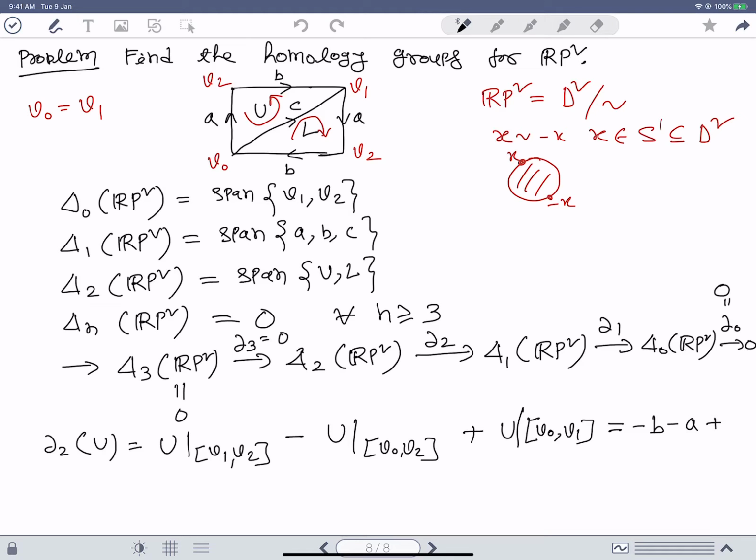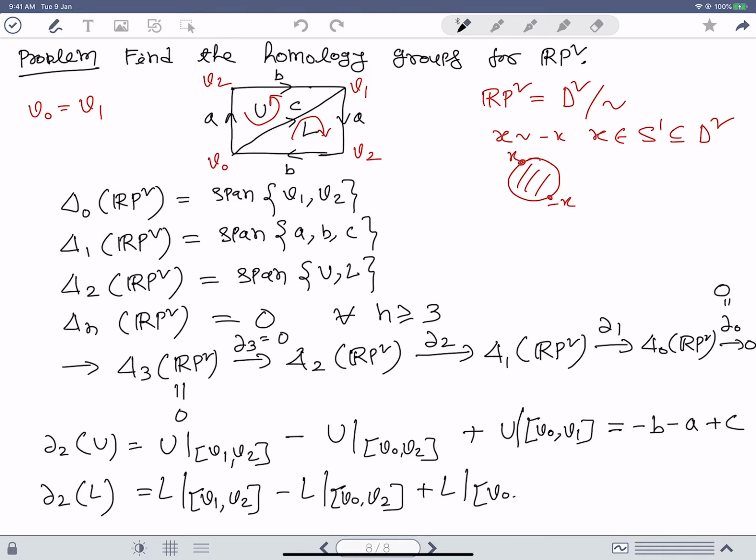So delta 2 of U is minus b minus a plus c. Similarly we can compute delta 2 of L, which is L restricted over V1, V2 minus L restricted over V0, V2, then plus L restricted over V0, V1.